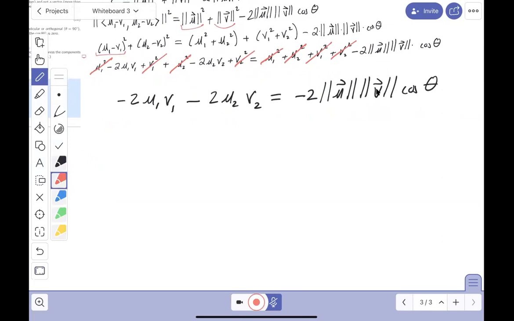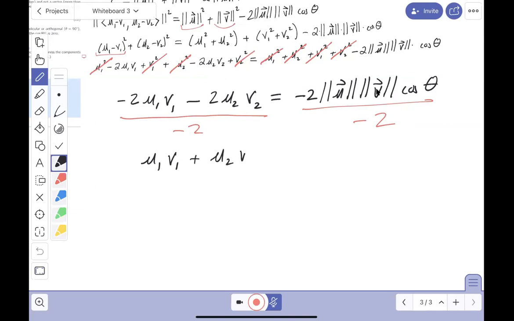I'm going to divide both sides by minus 2. Let's write that down now. u1 v1 plus u2 v2 is the length of u times the length of v times the cosine of theta.